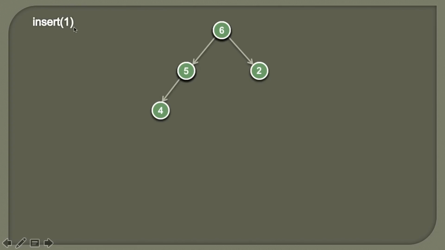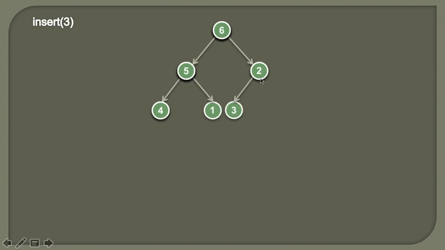Now let's say we insert 1. So 1 will be inserted to the right of 5 and then we compare it with its parent. And here we can see that 5 is greater than 1. So no swap will be done. And let's say we insert 3. So now 3 will be inserted to the left of 2.